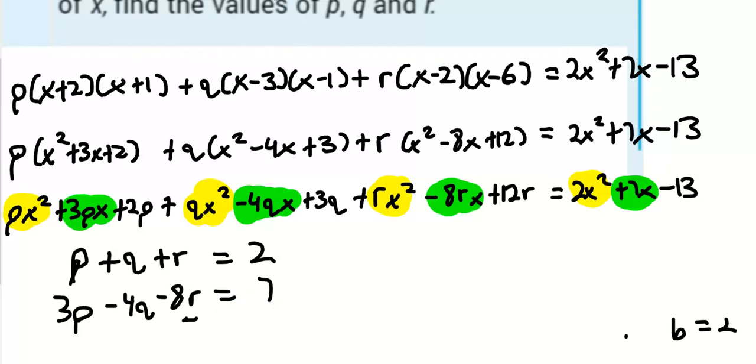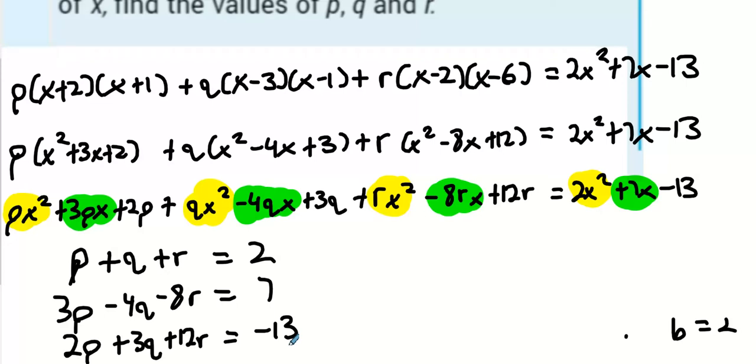And then finally the last one is 2p plus 3q plus 12r equals minus 13.